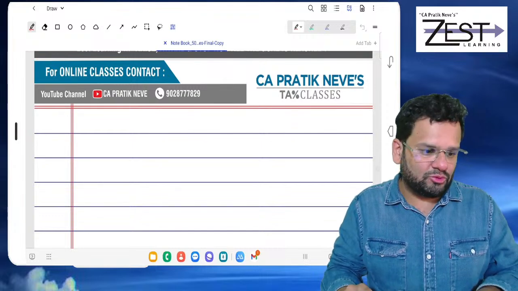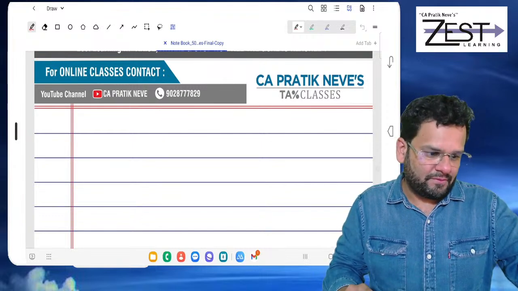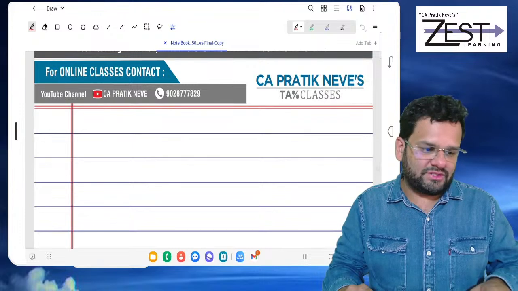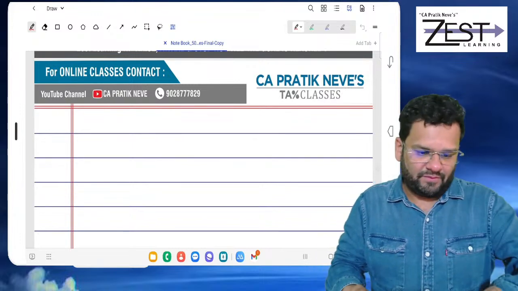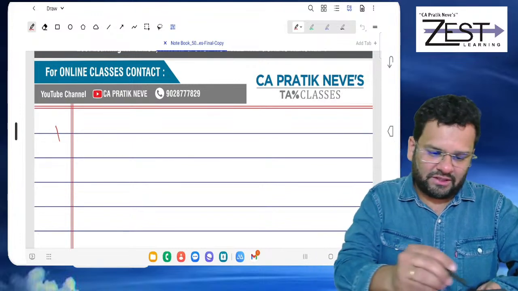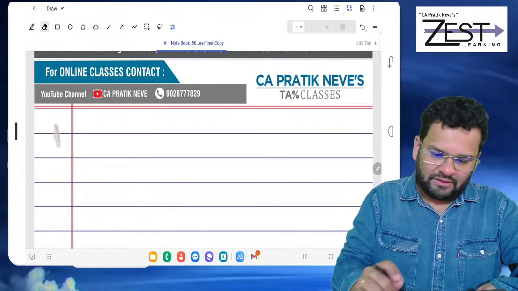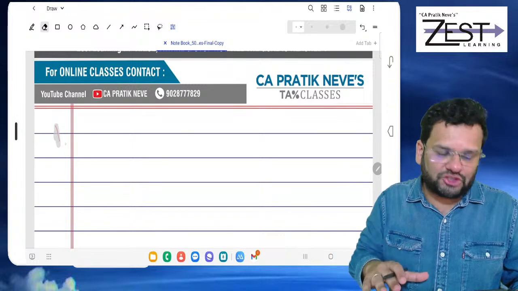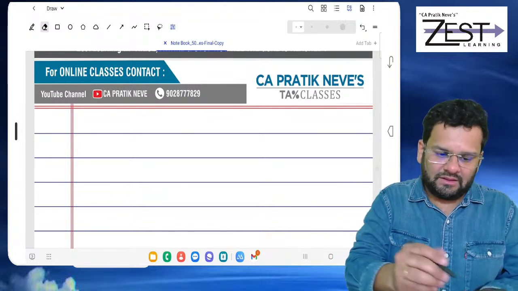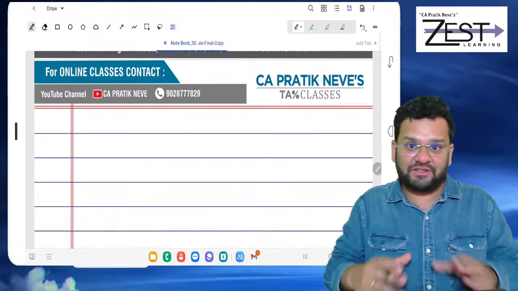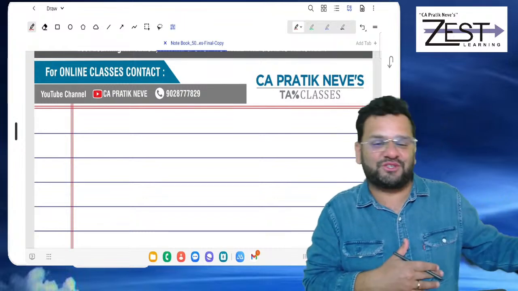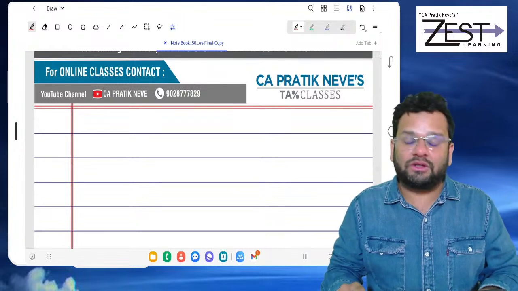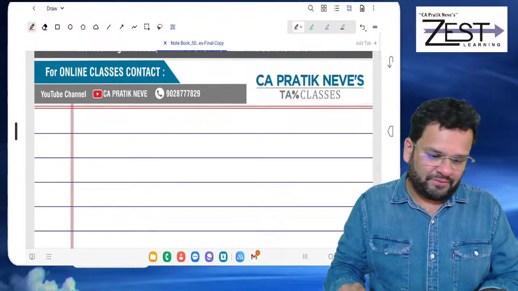Is it clear to both of you and all students watching the recordings? Is it absolutely clear? Now shall we understand what is the relevance of apportionment in input tax credit? The apportionment concept we know in costing also. Now tell us what it is in ITC.